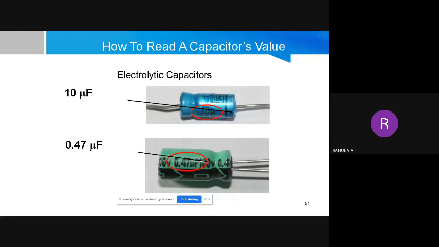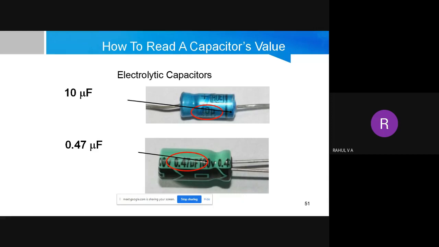Okay, now as we have seen resistor, its value was difficult to print on the resistor body, but for some resistors, there are resistors with 5 watt and 10 watt power dissipating capacity. There the size is somewhat big. In the case of wire wound resistor and all, we can easily print the resistor value on the body.